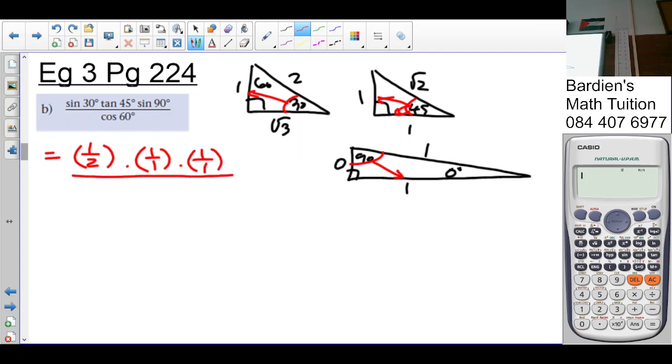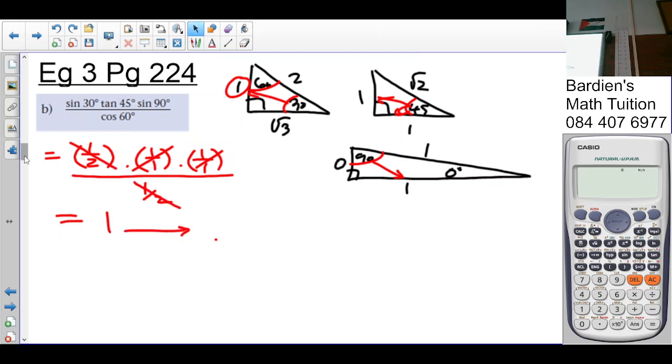Cos of 60, adjacent over hypotenuse, so it's 1 over 2. So that is 1, 1. 1 over 2 divided by 1 over 2 is 1. So the answer is 1. Alright, you all have that. It's fairly simple, no?